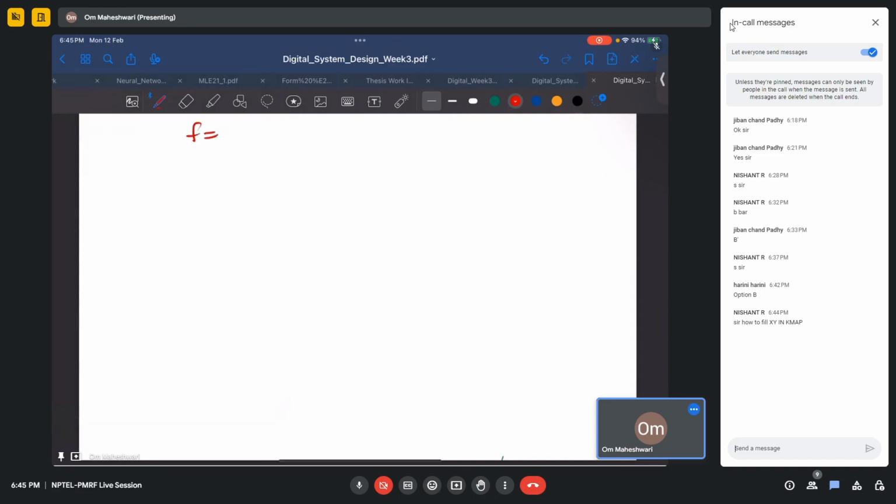Function is (w bar x bar y bar plus y w x bar) whole bar plus w bar y plus wx. Even before going into K-map, we see there is something here which we have not seen before. So let us try to expand it.